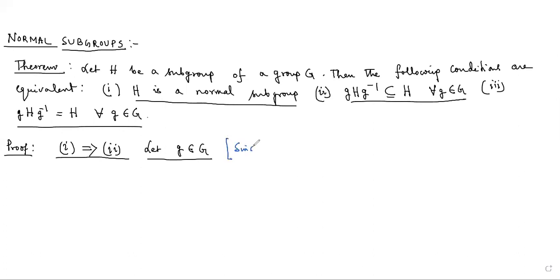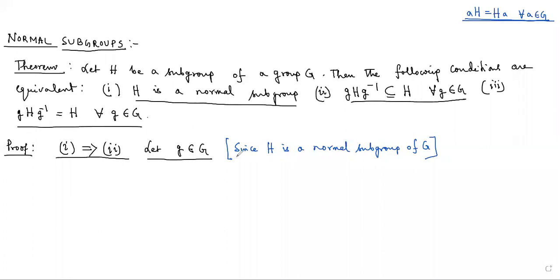So since H is a normal subgroup of capital G, we know that aH equals Ha for all a belonging to G. If this happens, then H is a normal subgroup.